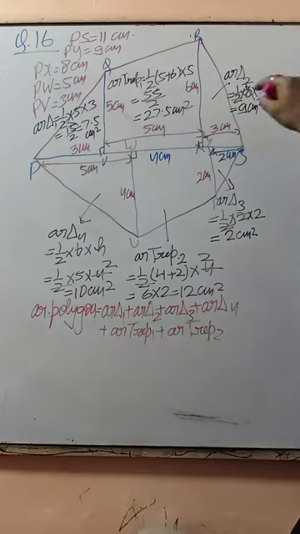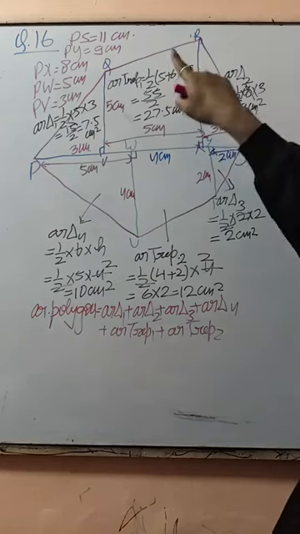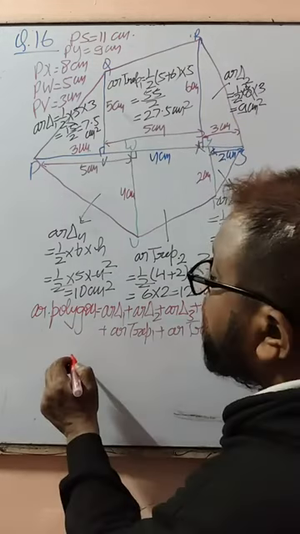You get that? Yes, sir. There are 4 triangles, 2 trapeziums. So how much do you get?